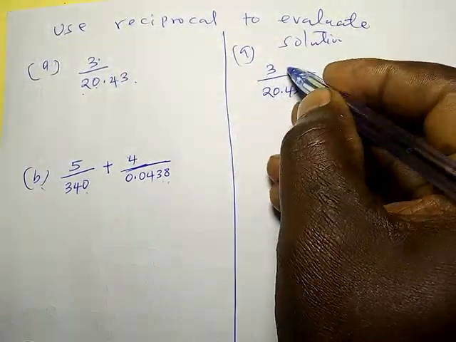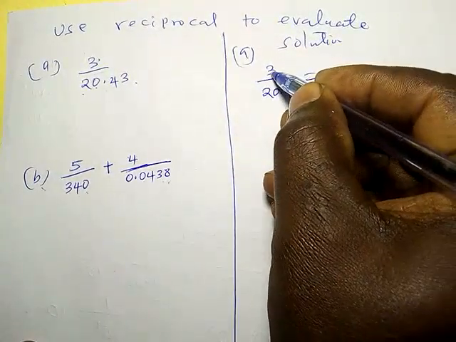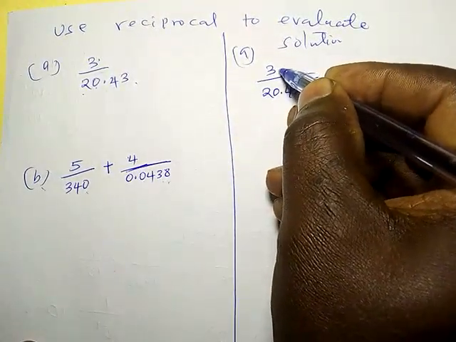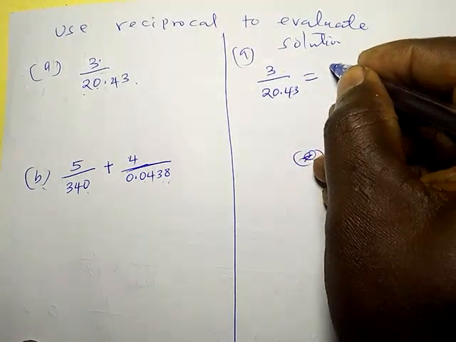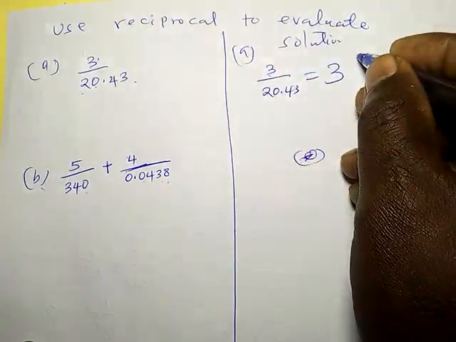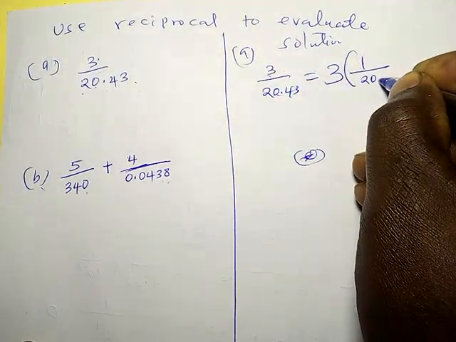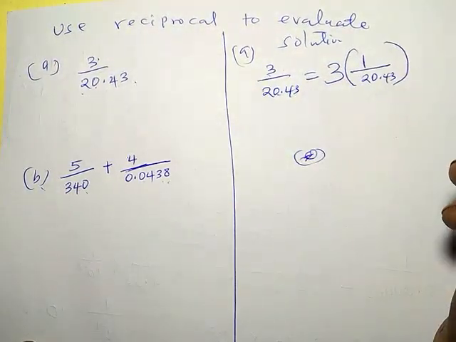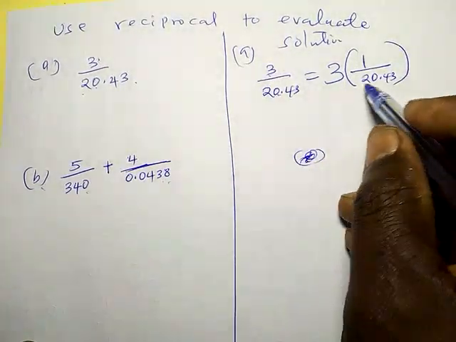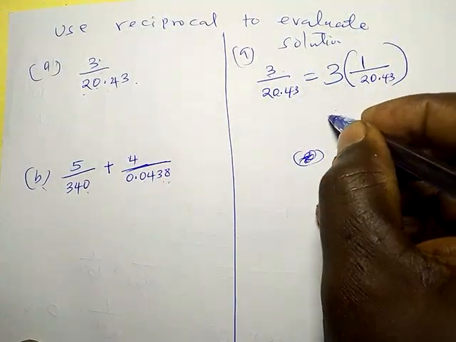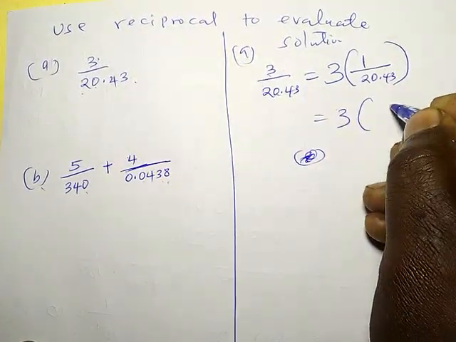Remember, 3 times 1 is 3. So there is a 1 here which is not seen. Therefore, this means it is 3 into 1 over this 20.43. That's what it means. So after that, you come down and say equal to 3 into 1.